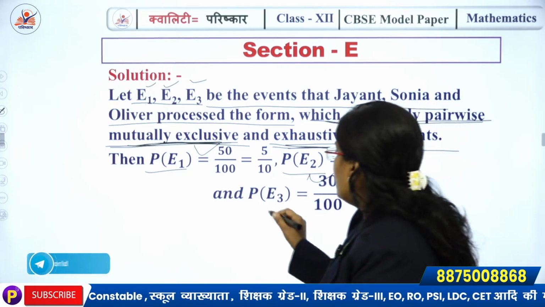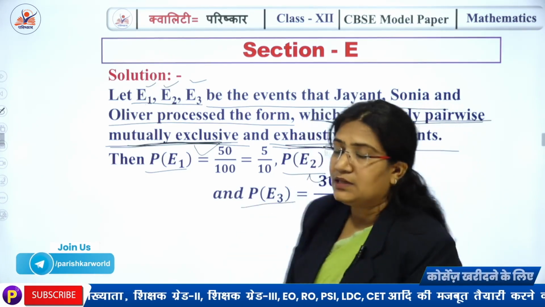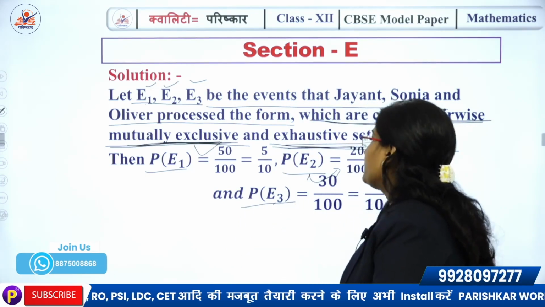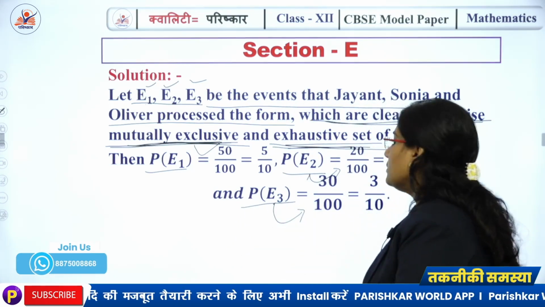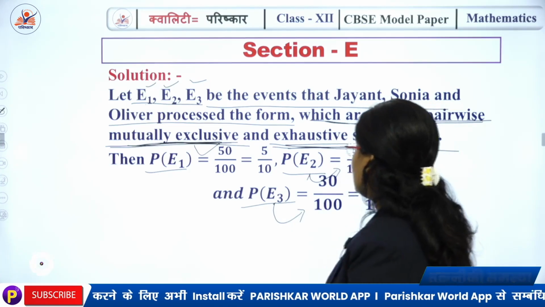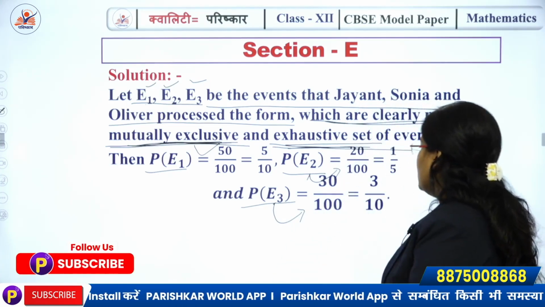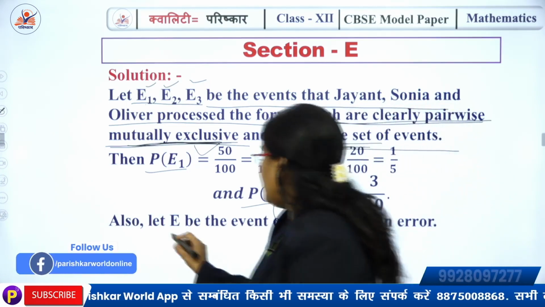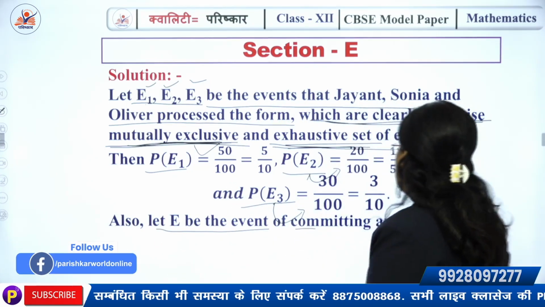Third we have probability of E3. What is E3? E3 is the event forms processed by Oliver, and it is given that Oliver processed 30% of the forms, that means 30 upon 100, it means 3 upon 10. Also, let E be the event of committing an error.